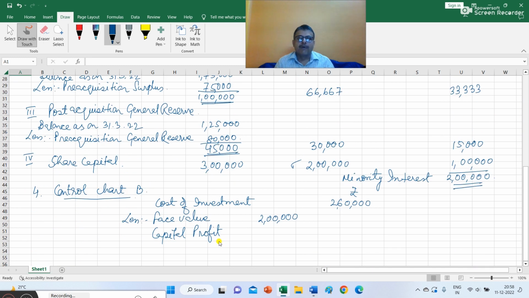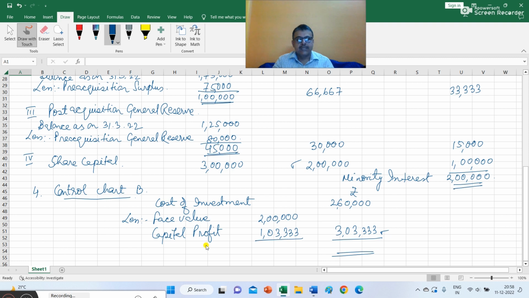So the capital profit is going to reduce the cost of investment. So I am writing here the capital profit as 1,03,333. So the sum total of face value and the capital profit is 3,03,333.